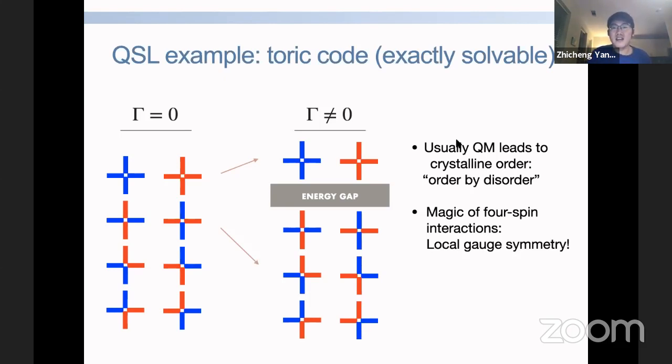So you can see that the magic of the four-spin interaction in the Charry-Colt or the Z2 gauge theory is really not that it gives you the 8 classically degenerate ground states. Its essence is that it gives you this local gauge symmetry that evades order by disorder. So instead of order by disorder, it generates a massive superposition in the ground state without any ordering pattern. So when you try to engineer any Hamiltonian with fewer-body interactions, this is the thing that you really need to keep.